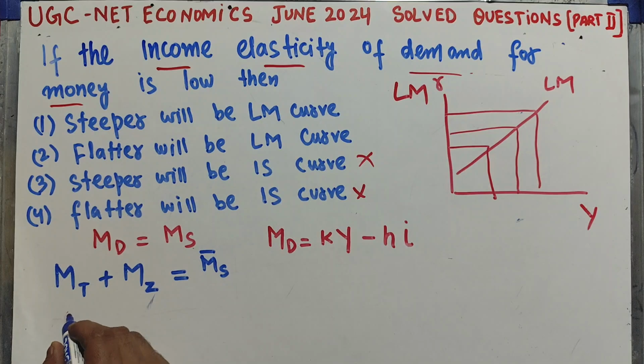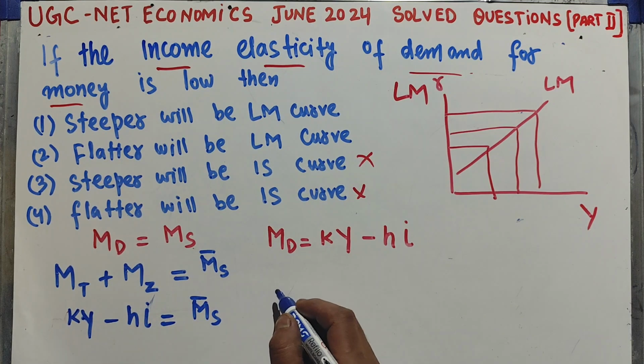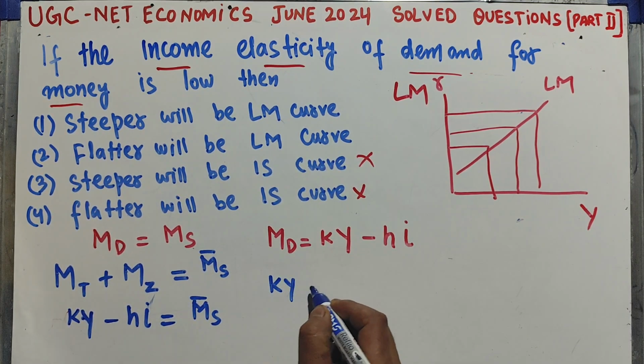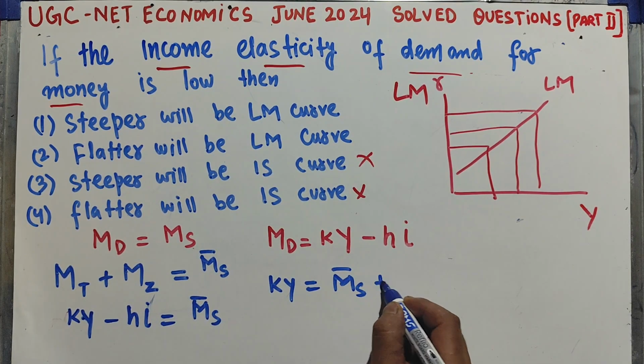So that means KY minus HI should be equal to the money supply, which is fixed. Solve for Y: KY is equal to MS, transposing HI.